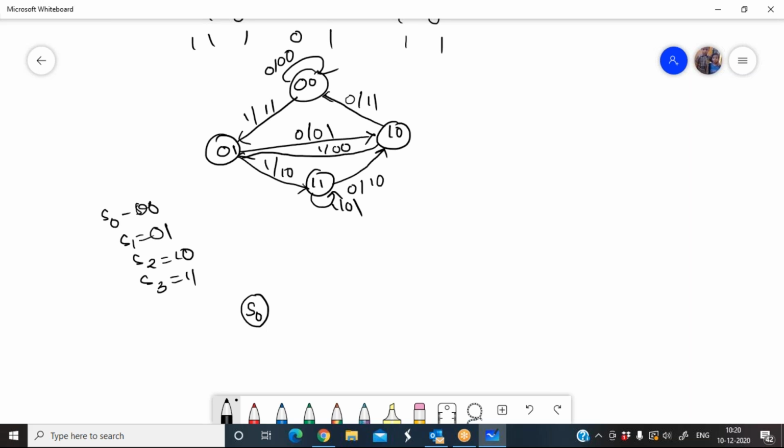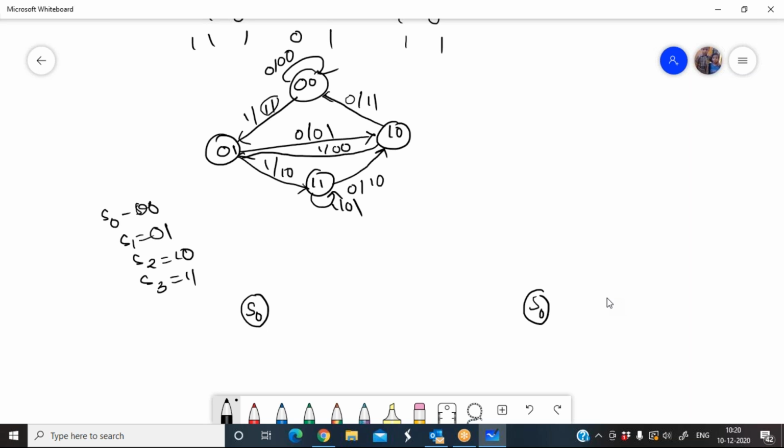Right, just wait. But S0 is the initial state, and finally S0 is also the final state. Suppose here I want to take the final state. Next, coming to S1. See here, look at the state diagram.